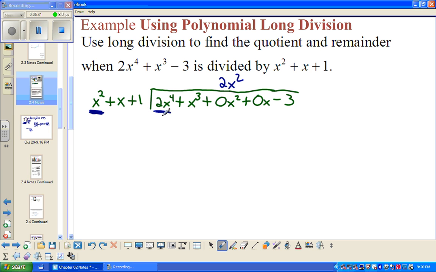So then I double check to make sure I'm right. 2x squared times x squared, well, that's 2x to the fourth. Perfect. And then I take my 2x squared, multiply it by the next term in the divisor. So 2x squared times x will be 2x cubed. And 2x squared times 1 would be 2x squared.